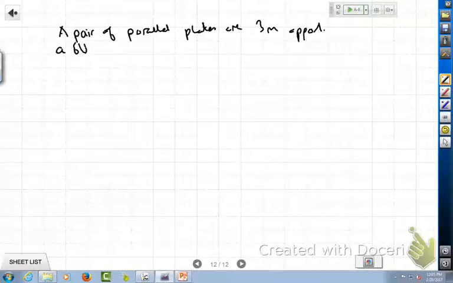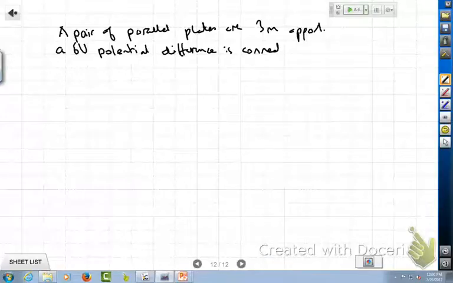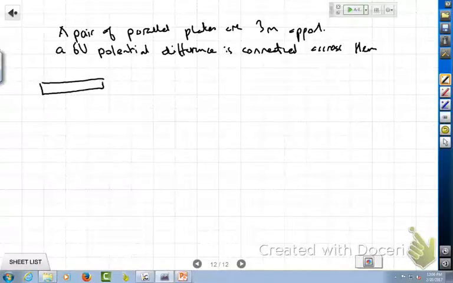A 6-volt potential difference is connected across them. This is why a diagram's worth 1,000 words.